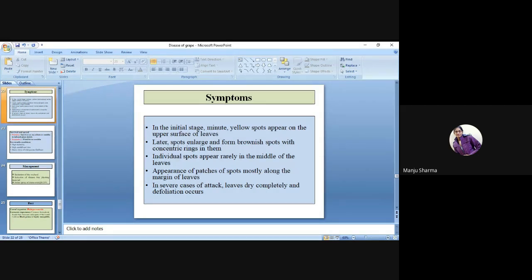In downy mildew, the appearance is yellow in color, at the upper surface of the leaves. In powdery mildew, white color spots are there, and then they form a colony. Then the third disease was the anthracnose disease, in which bird's eye-like symptoms appear.